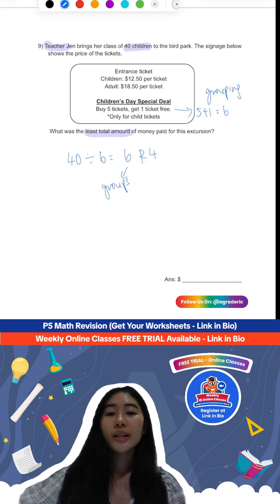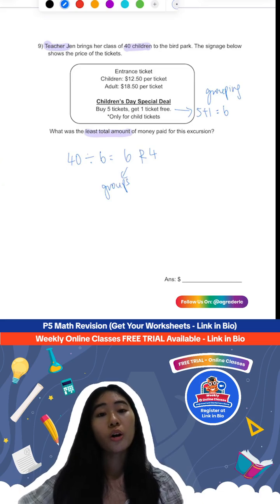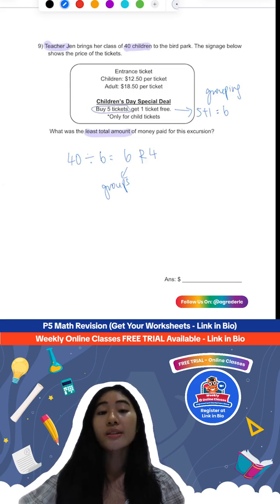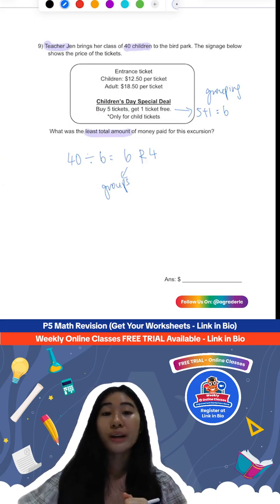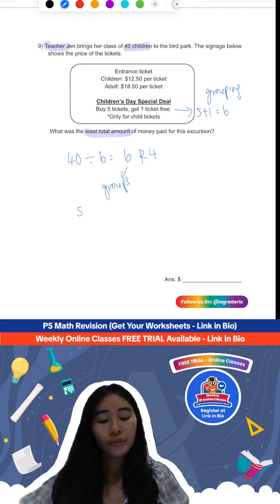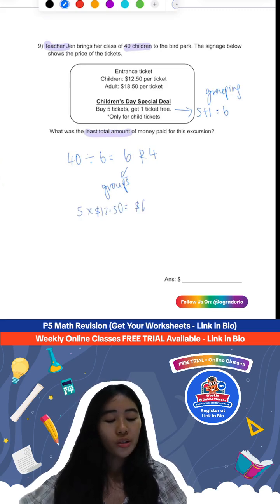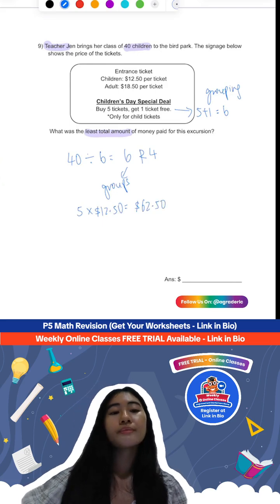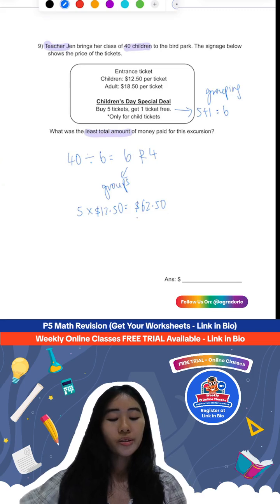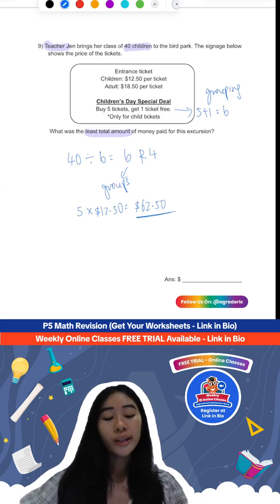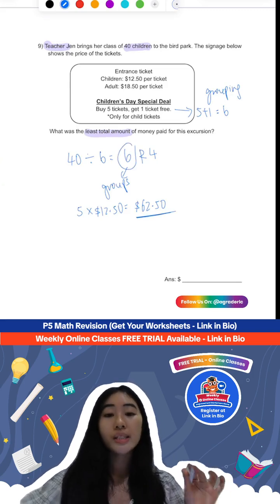Okay, so let's calculate how much 6 groups would cost. Remember that 1 group is when you buy 5 tickets and then you get one free. So you're only paying for 5 tickets. So that will be 5 times 12.50, which is 62.50. 62.50 is for one group. And then based on this, you're supposed to have 6 groups.